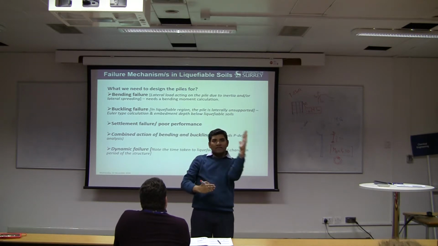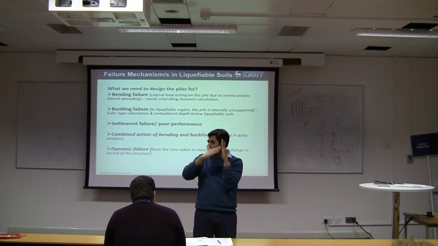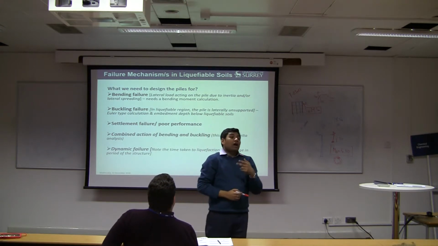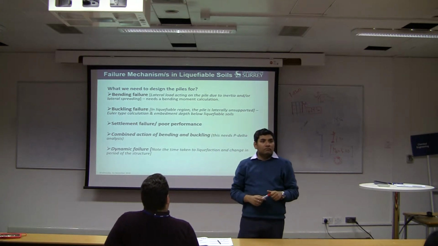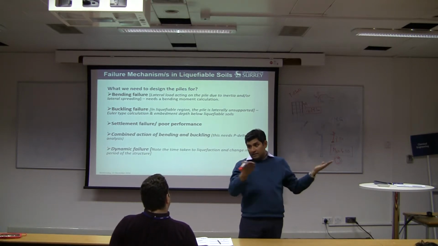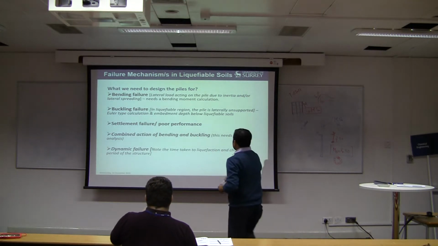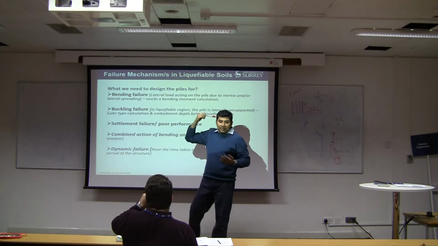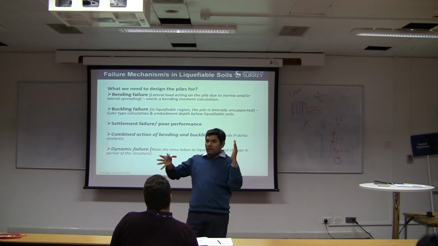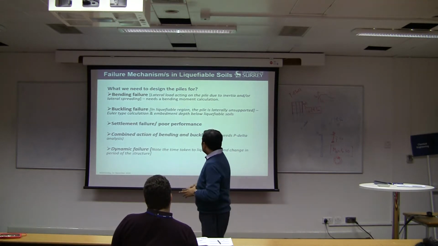So as the building oscillates, it gives you lateral load. That's the bending failure. Anything to do with lateral load will give you bending failure. So where will these loads come from? Inertia: the building wants to vibrate, and that will give you the inertia load. Another case: if the ground liquefies, there will be soil flow. Soil wants to push the pile. That's the bending failure.